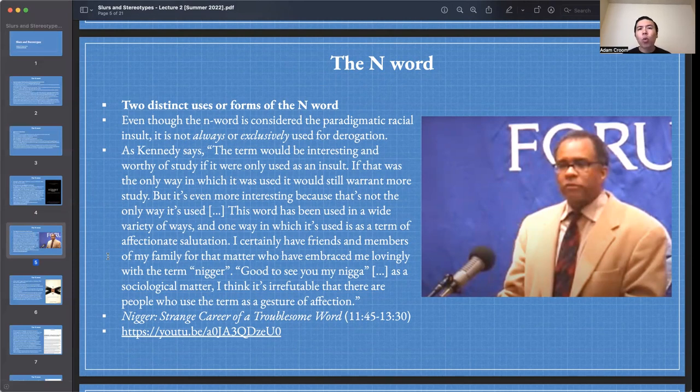It has a derogatory, dehumanizing usage. Okay. Highly offensive. I mean, it's not hard to Google the N-word and find, excuse me, violence perpetrated over the usage of this word. Okay.